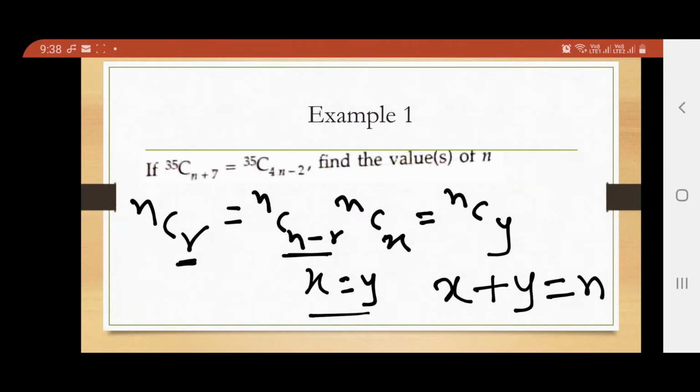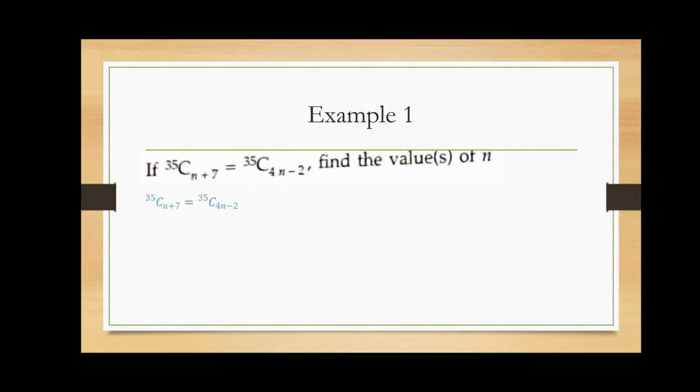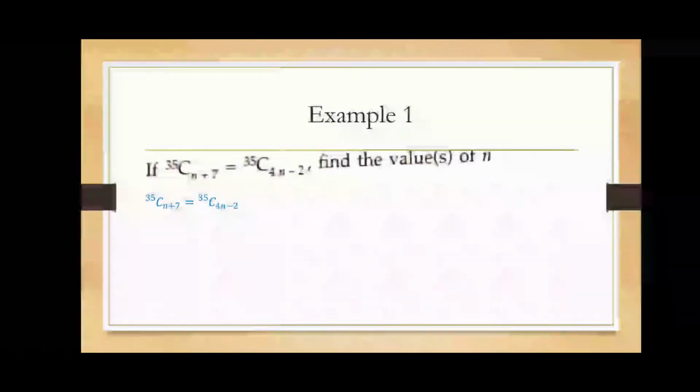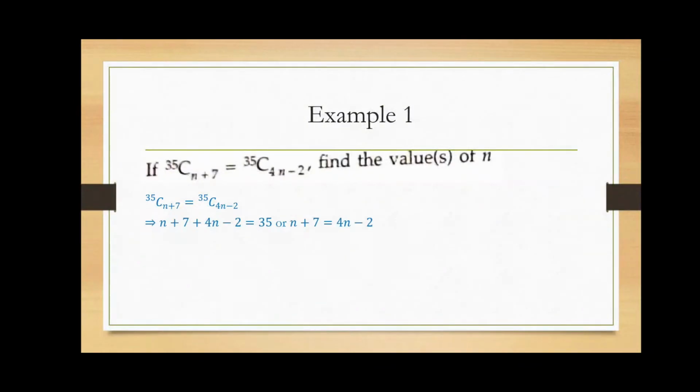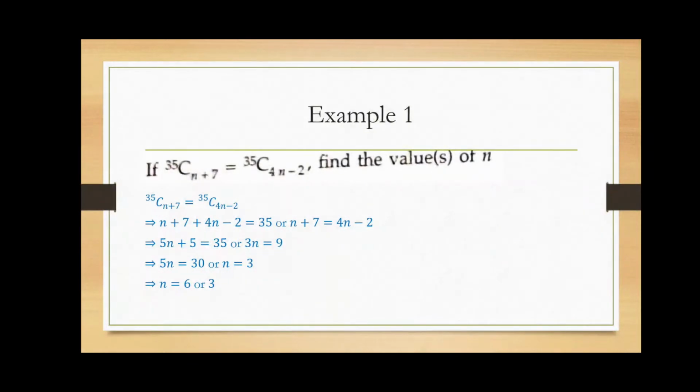Following these two criteria, what do we get? From 35C(n plus 7) equals 35C(4n minus 2), I get either n plus 7 plus 4n minus 2 equals 35, or n plus 7 equals 4n minus 2. From there, if I solve, I get the values of n as 6 or 3. So there are two different values of n.